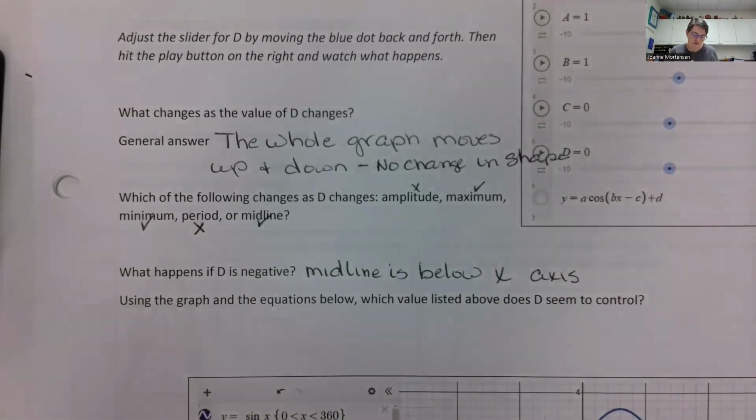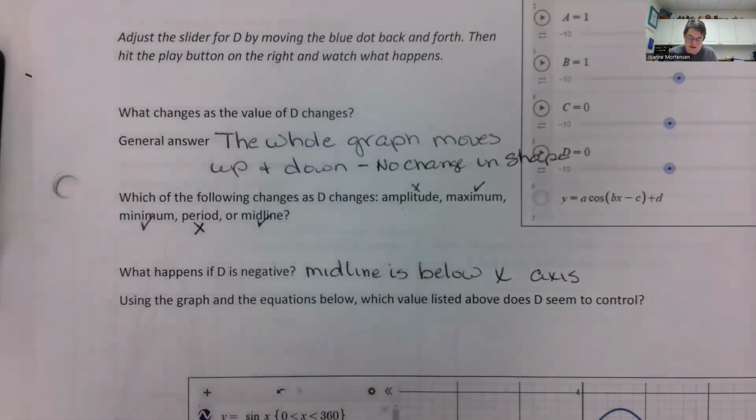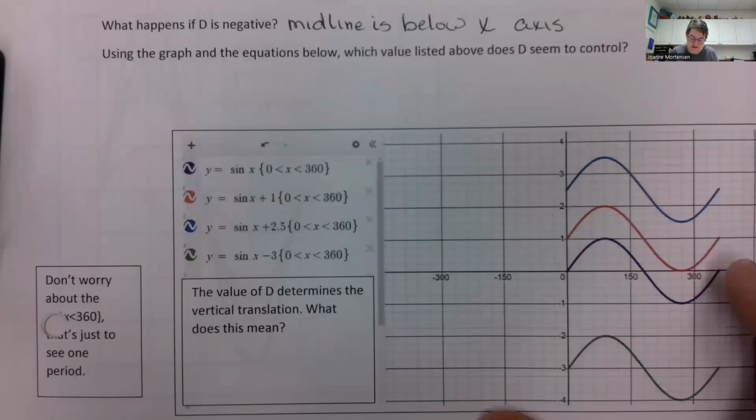Okay, use the graph and the equations below to fix this because it doesn't make any sense. Which value listed above, that's these guys, does D seem to control? Okay, so take a look at this.